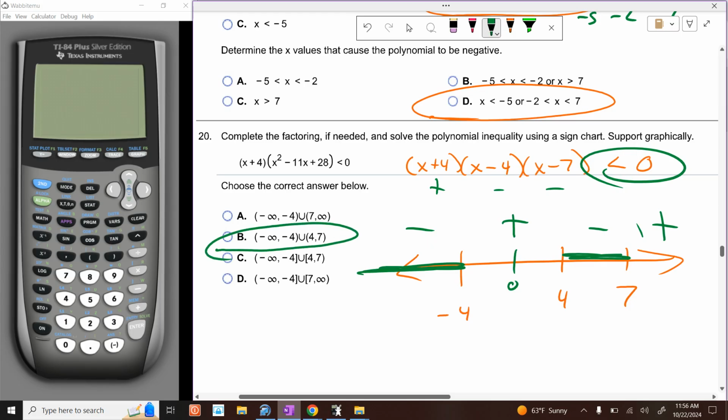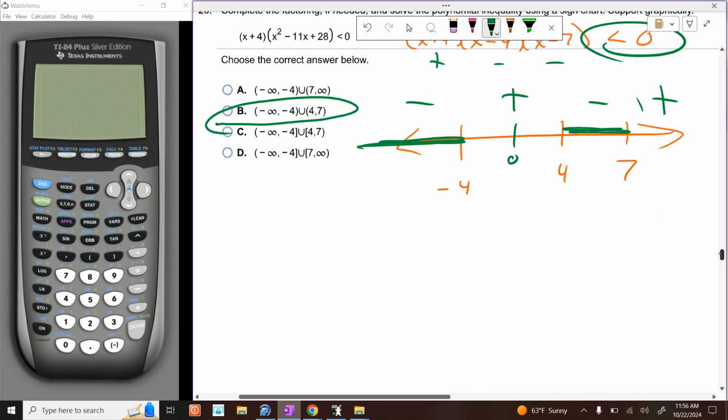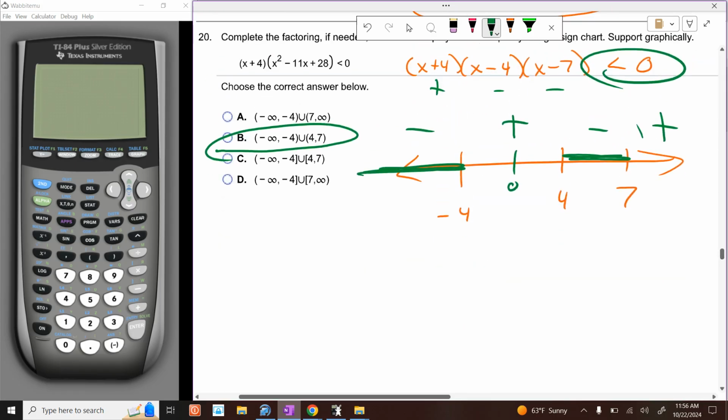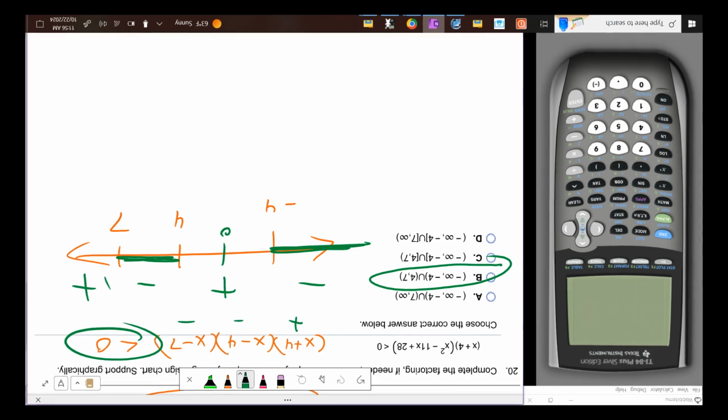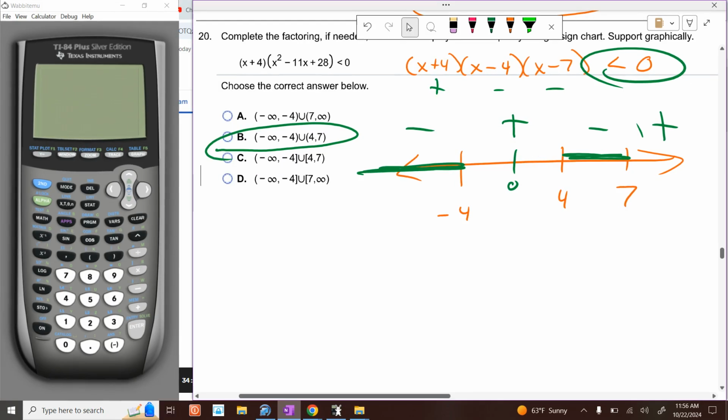So 20 questions on this. This will take you most of the period on Thursday to work on this, to get this done. So after lunch now, you have the rest of the period to work on the practice test to see how you do. You can take the practice test multiple times and so on.